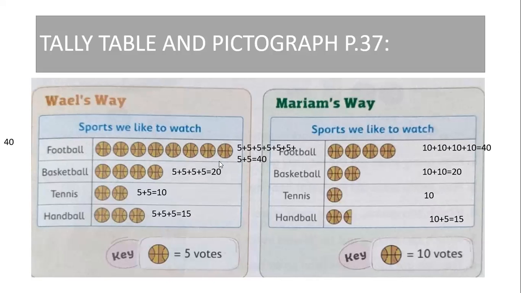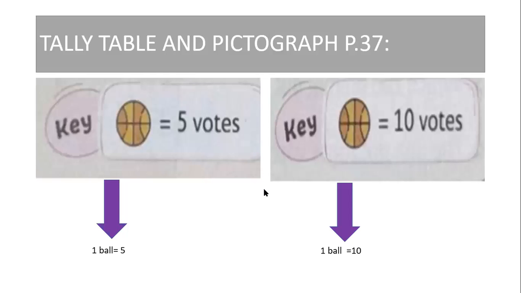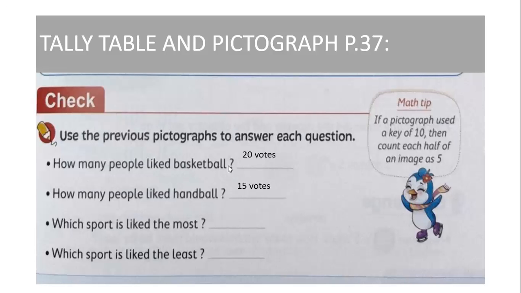So it is football. The least means the smaller number. It is 10. Okay. So here, how many people like basketball? 20 votes. How many people like handball? 15 votes. Which sport is liked the most? Bigger, football. The least, smaller, tennis.